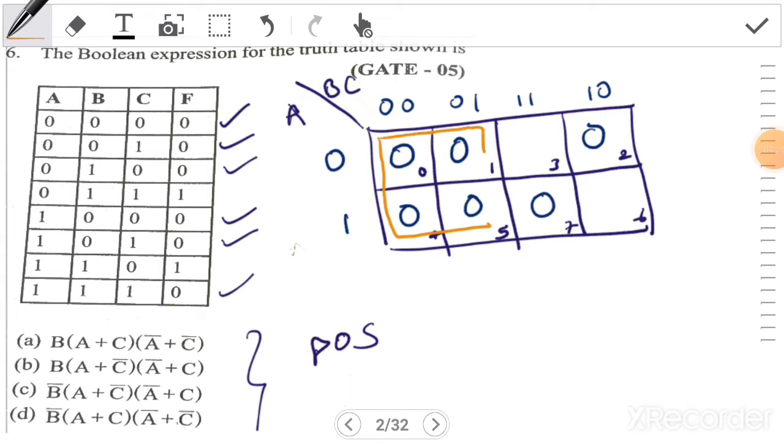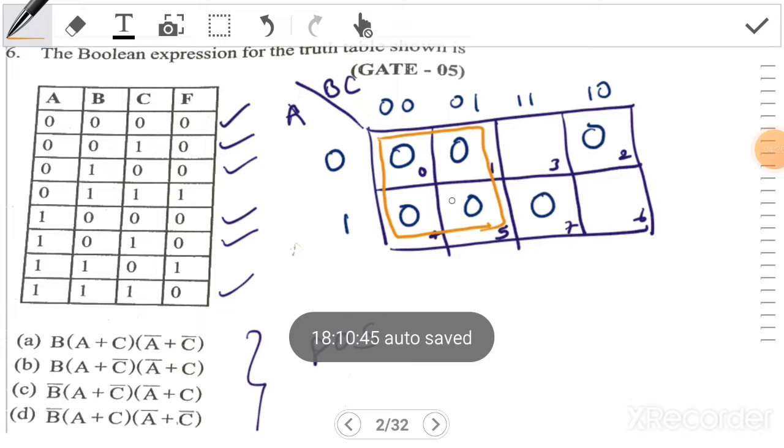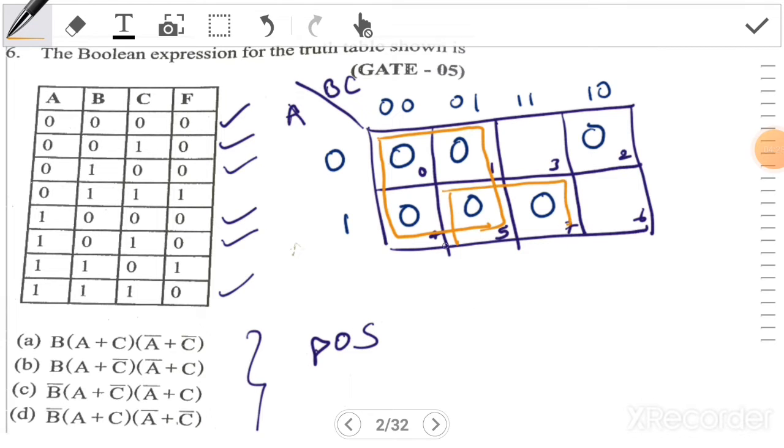This is one group and second group is this, and third one is yes. Now this is A, this is A complement, this is B, C, B, C complement, B complement, C complement, B complement and C.